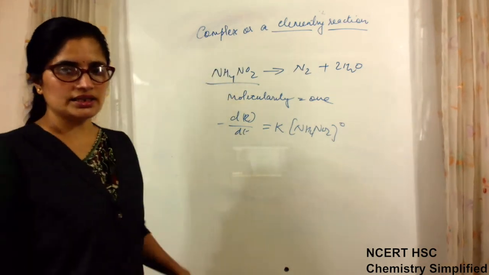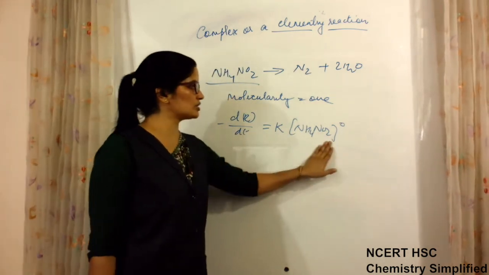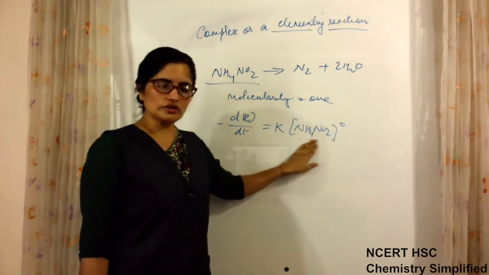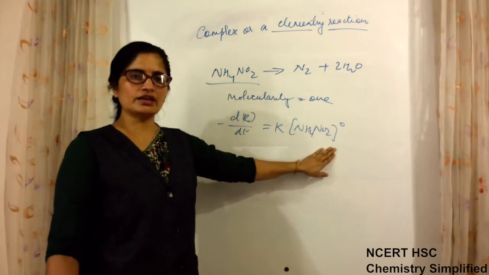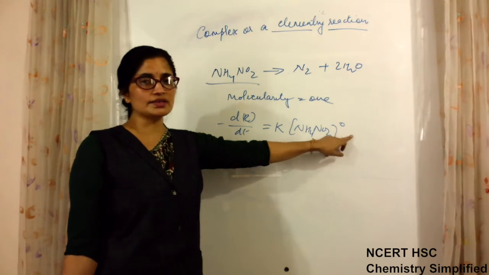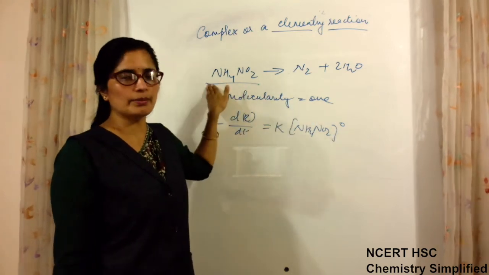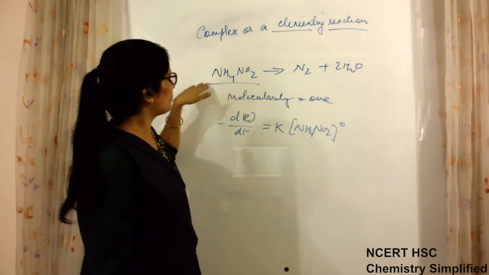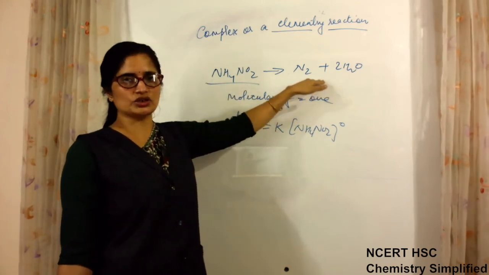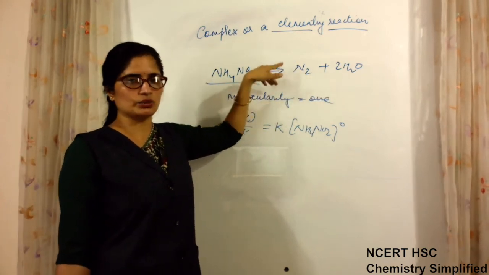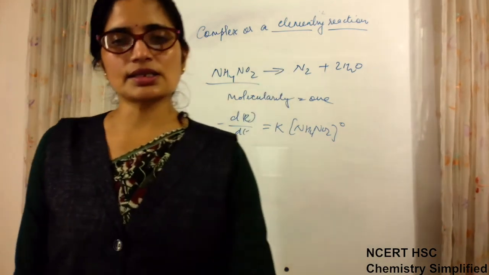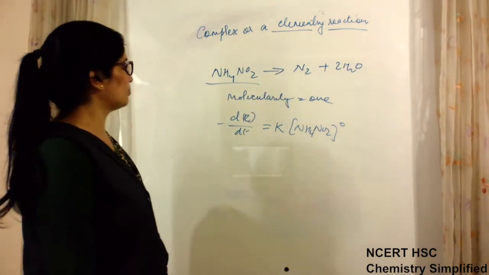This means the reaction is not affected by the concentration of how much of this is present. The rate will remain the same, so this is raised to power 0. But the molecularity of this reaction is 1. That means the number of molecules present in this elementary equation is only 1. This is the difference between order and molecularity.